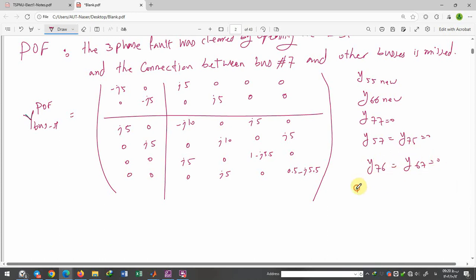After that, delete row number 7 and column number 7, and so we have post-fault of Y-bus stability.